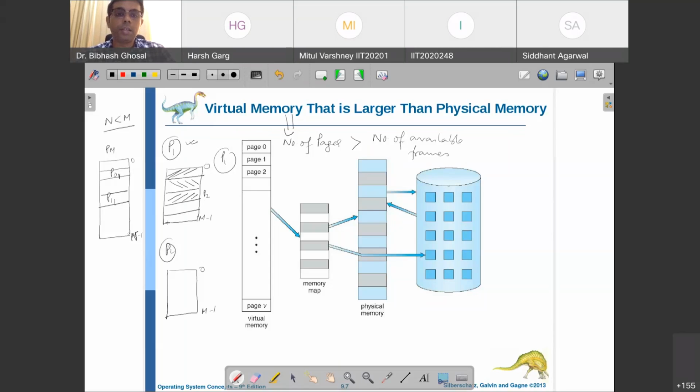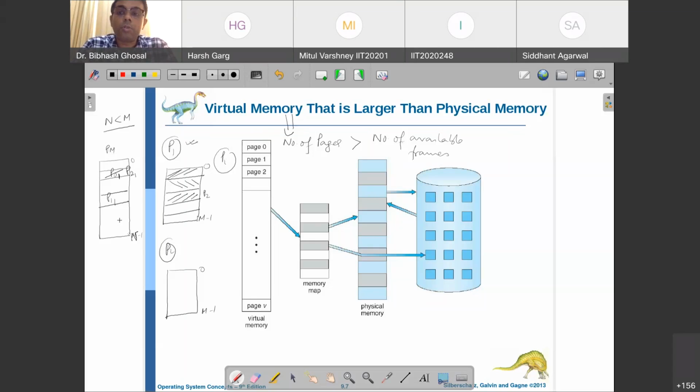Yes, I will need it. But when I need page 2, I don't need page 0. So I will override page 0 with page 2 of process 1. So see, by intelligently removing one page and filling that space with another page of the same process, I am ensuring that at a time I will require only 2 pages of process 1 to be there.